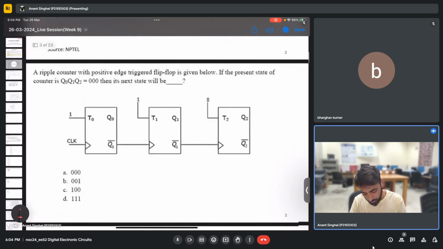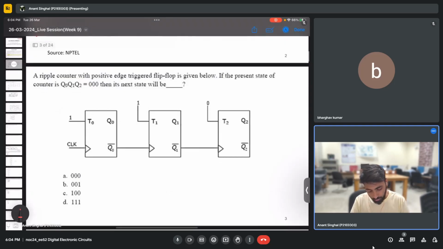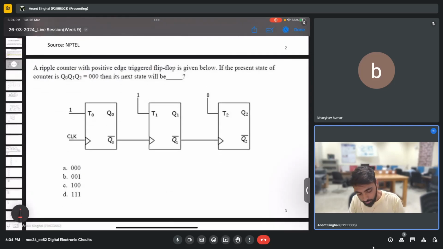So the first question states that a ripple counter with a positive edge triggered flip flop. So you need to be quite aware of the triggering of the flip flop, or the clock of the circuit. It is given that it is a positive edge triggered flip flop.